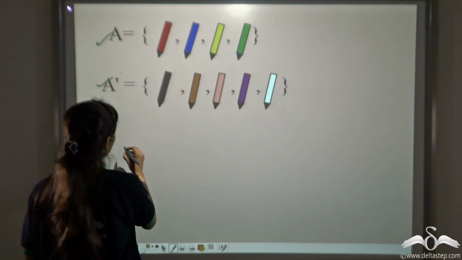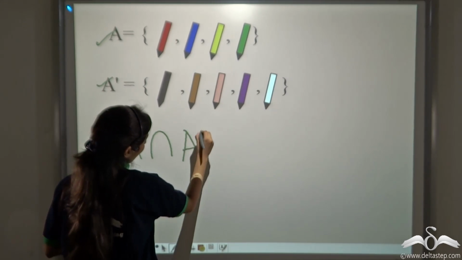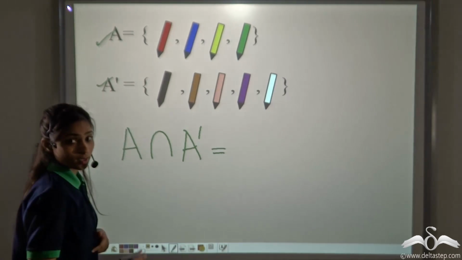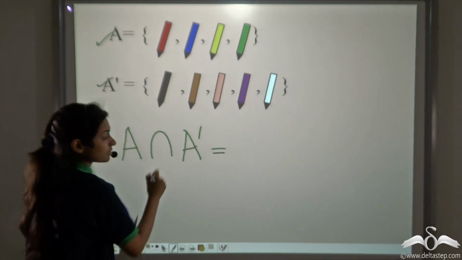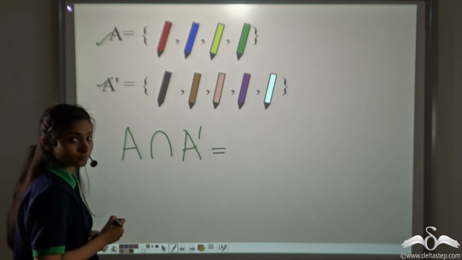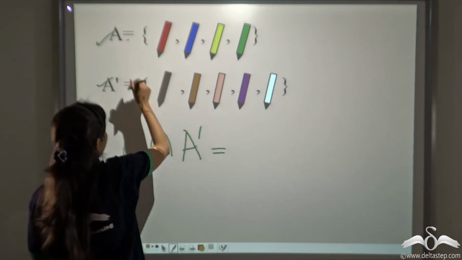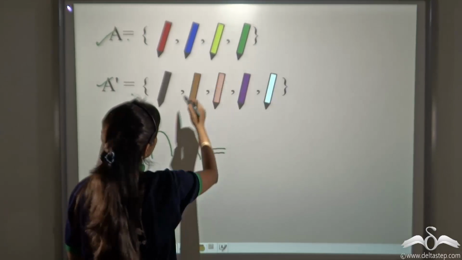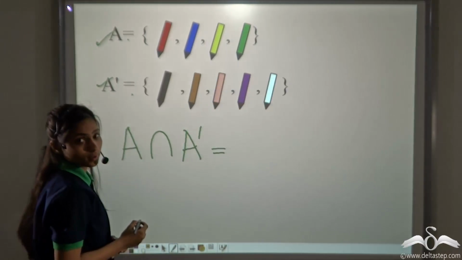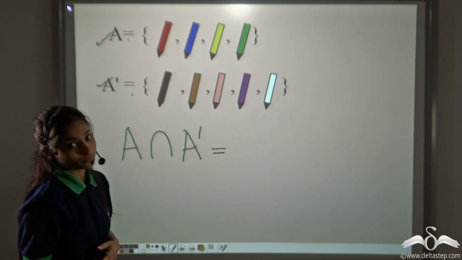No. So if I want to write A intersection A complement, that means the elements which are present in set A as well as present in the set of A complement. Will you find any pen here which is there in this as well as in this? Check. No pen is present in set A and A complement both, as you cannot take a pen to school also and keep it at home also.